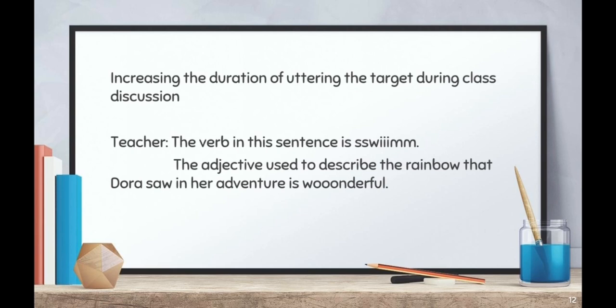Right, it is the word wonderful because I want to highlight that it is the adjective used to describe the rainbow that Dora saw in her adventure. I think you completely grasp the idea that I want to instill with this discussion.